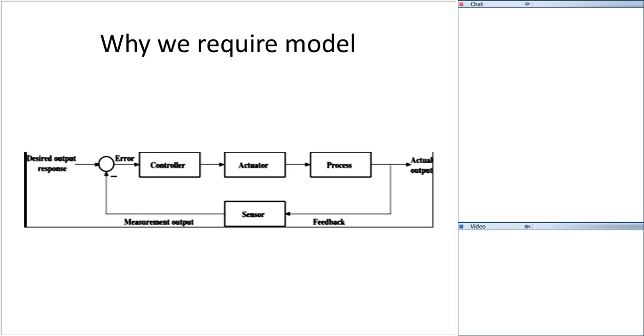If the result doesn't match, then you know where things are going wrong. It will also help you to troubleshoot, and to tell what assumptions you made, which assumptions have to be considered seriously, or which assumptions fail us. So that is why we require a model. By model we mean a mathematical representation of the plant.